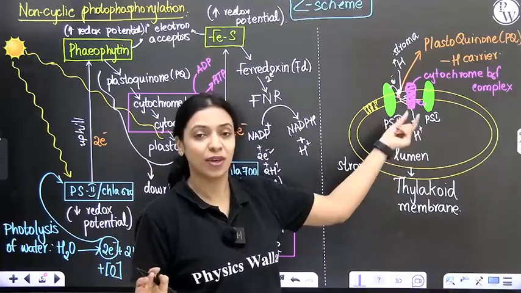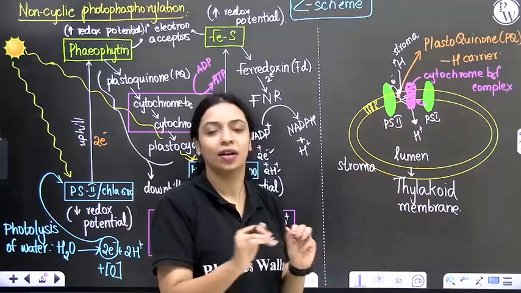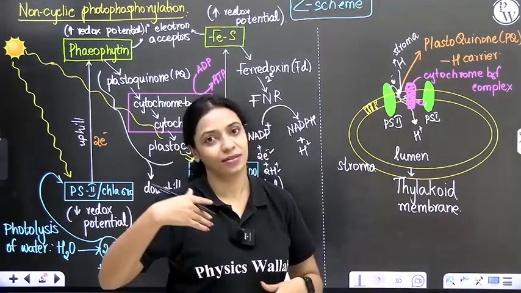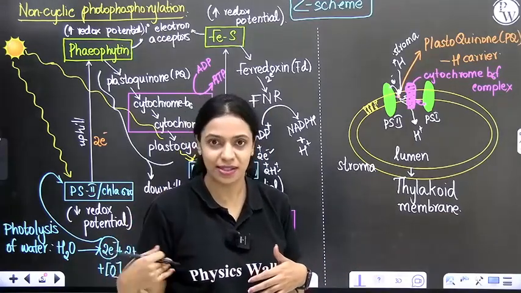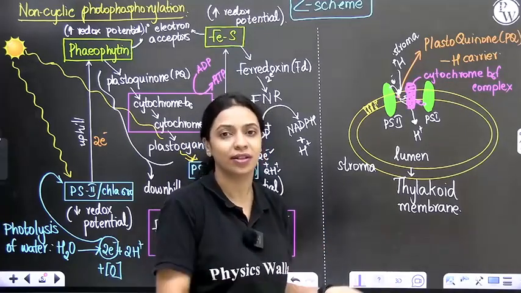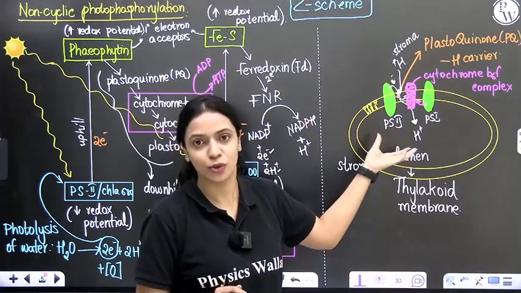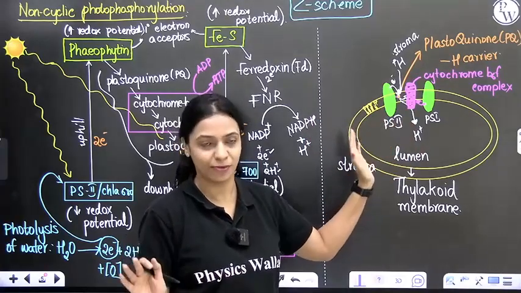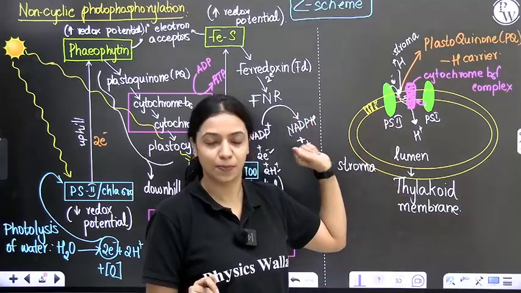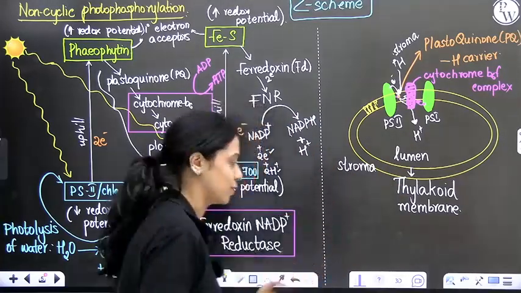For PS2 and PS1 both to function together, you should have illuminated the plant with wavelengths 680 as well as 700. But if you're giving the plant only something that is beyond 680, then PS2 chlorophyll A680 will not be functional at that time. Even in the thylakoid membranes, though PS2 is present, only PS1 can function and it will undergo cyclic photophosphorylation.